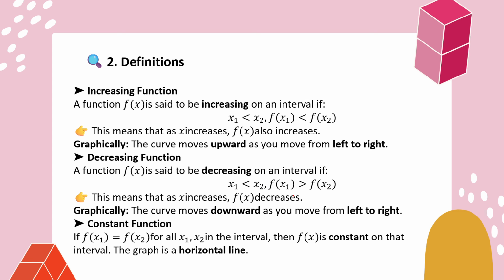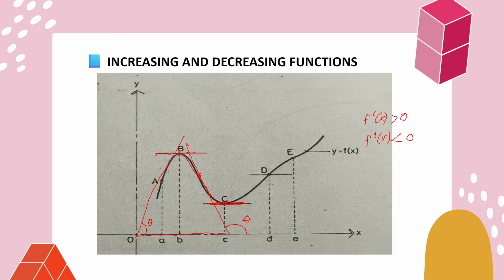This means that as x increases, the function decreases. Graphically, the curve moves downward as you move from left to right. From the interval b to c, it moves downward from left to right, so the function decreases.